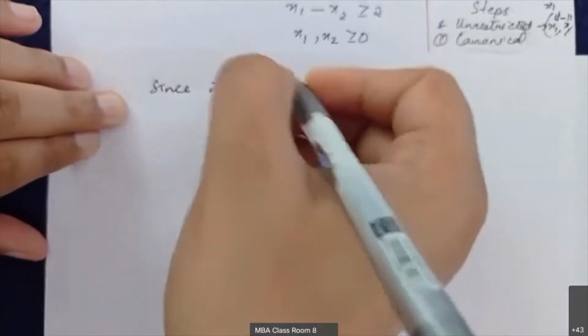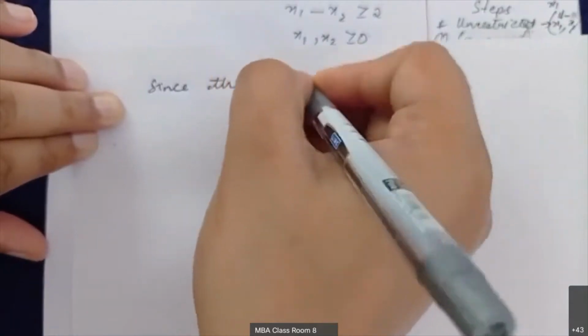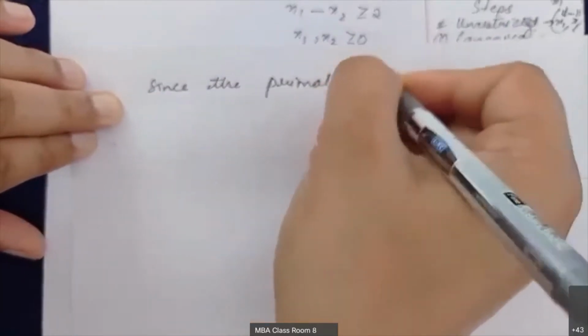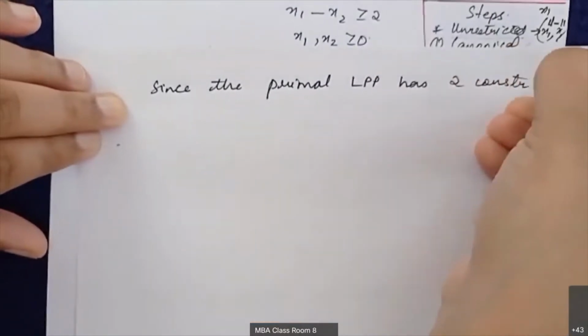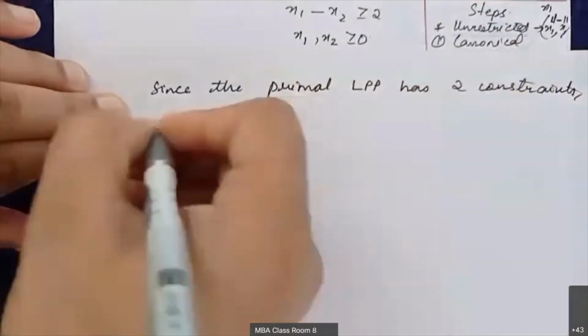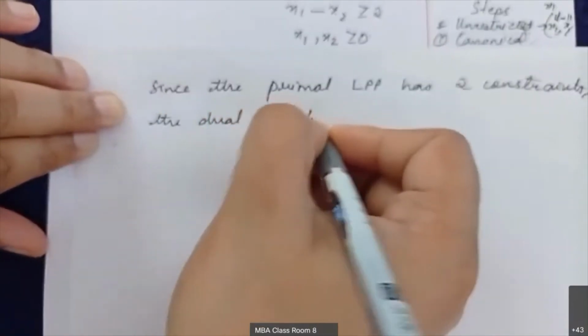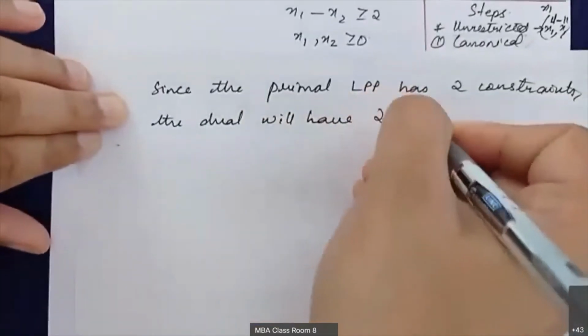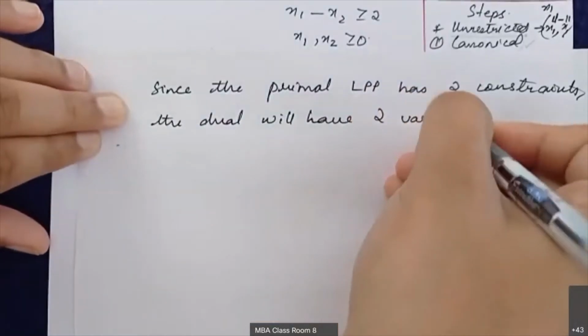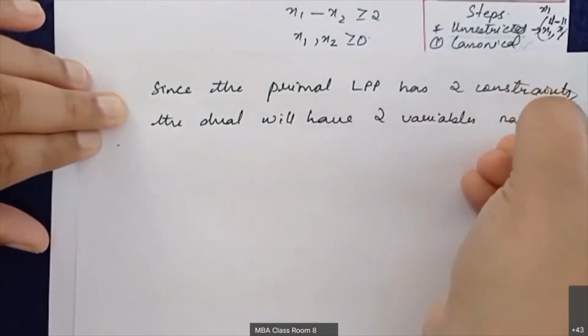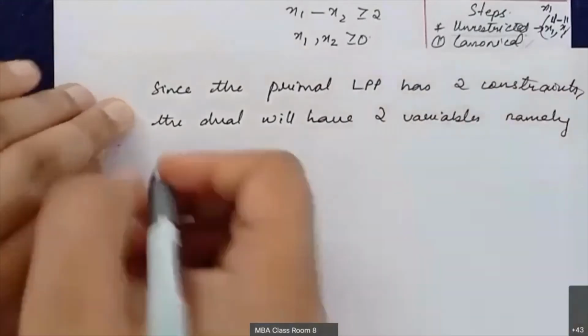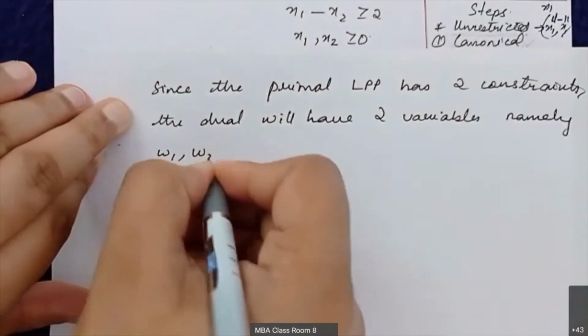Since the primal LPP has two constraints, the dual will have two variables, namely W1 and W2.